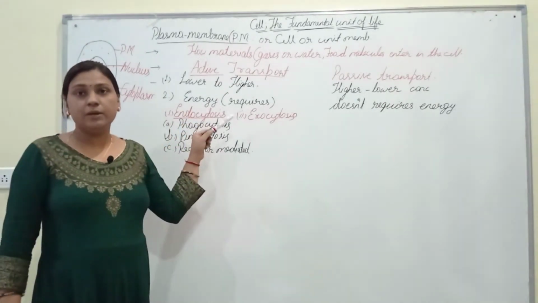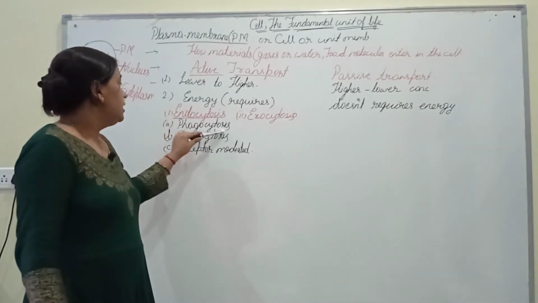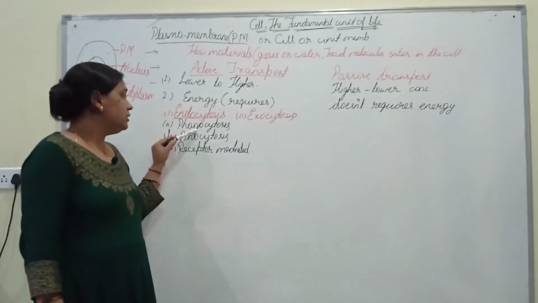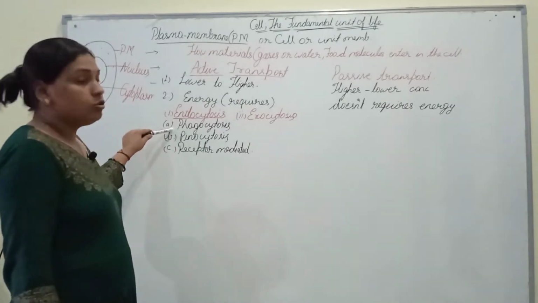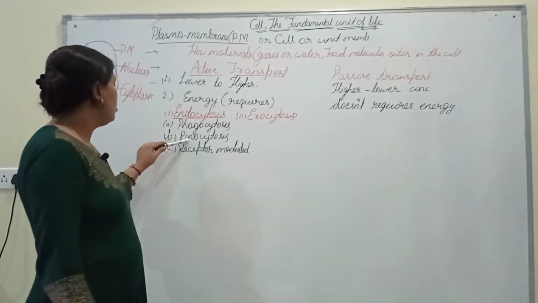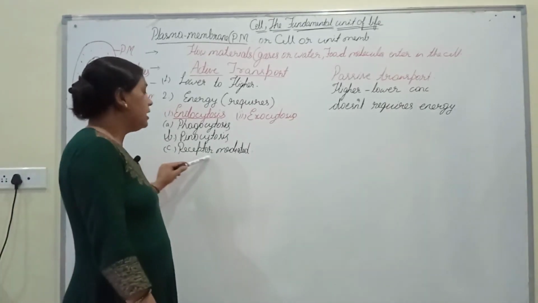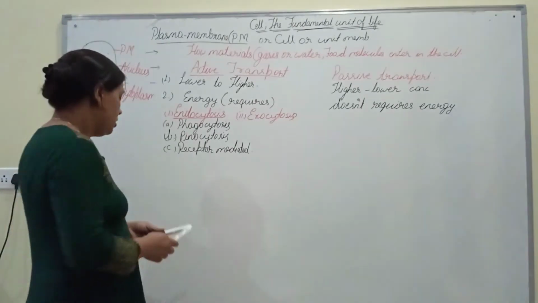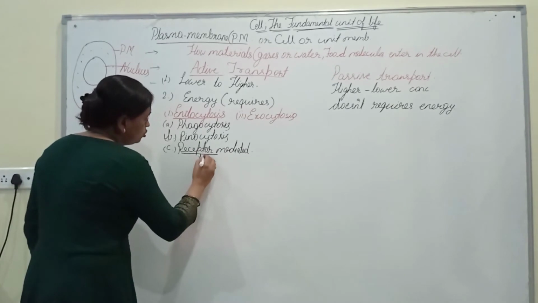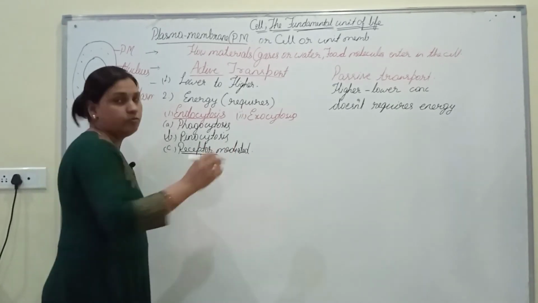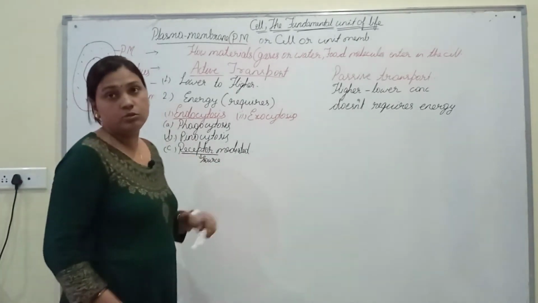In phagocytosis, food materials are in the form of solid particles. When the liquid contents are engulfed by the cell, it is called pinocytosis, and when the engulfing of food materials takes place with the help of a receptor, which is just a source or a medium for the engulfing of food, this is called receptor mediated endocytosis.